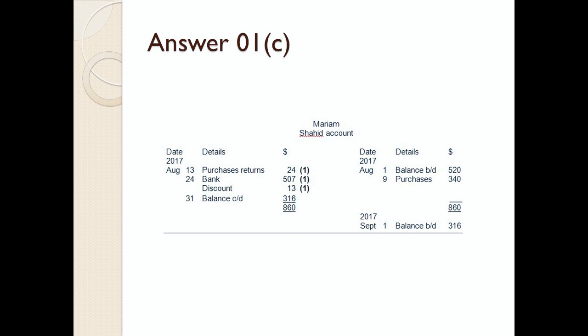Your creditor, your liability, increases by 340, and on the debit side you can see the first transaction, 13th August, 24. You are returning goods, your liability is decreasing, that's why you are placing it on the debit side. And 507 and 13 is also a reduction in your liability. So your remaining liability is 316, which will be the opening balance for the next month.